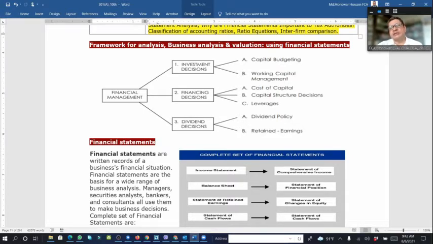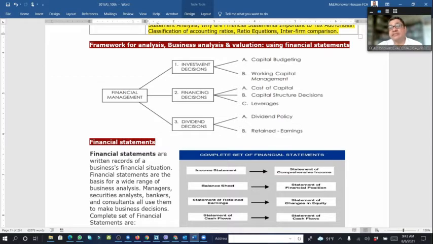So what is the retention ratio? We know the dividend payout ratio. If the dividend payout ratio is 70%, then 30% is the retention ratio, because it has to be retained within the organization. So that type of decision is made through the dividend policy.